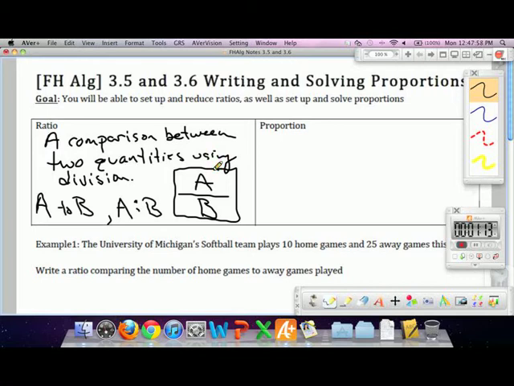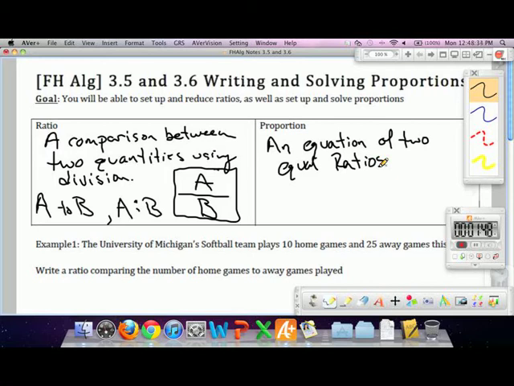If you have an equation of two equal ratios, that's called a proportion. The idea of a proportion is very fundamental to math and science in particular.